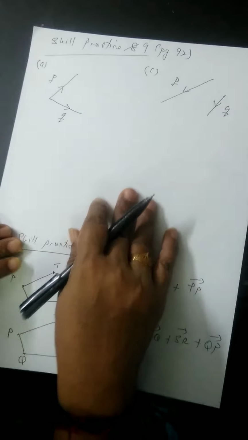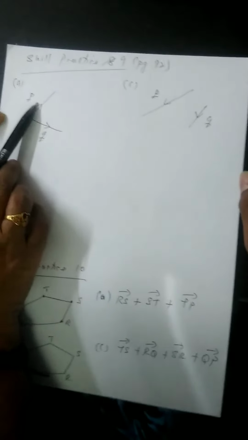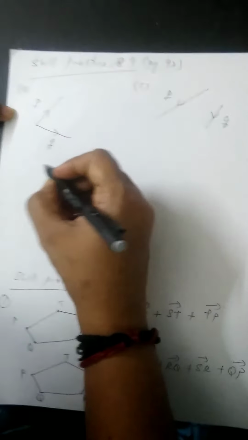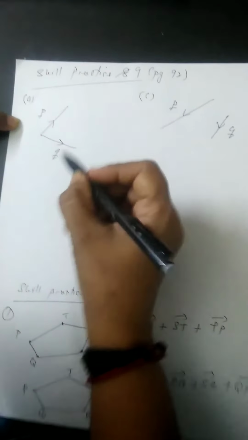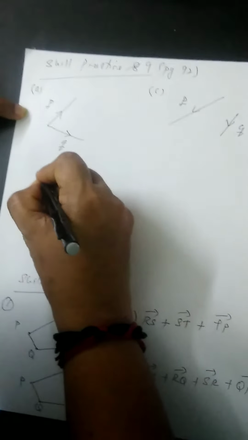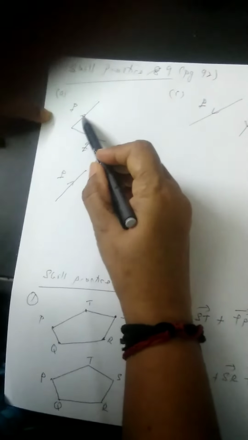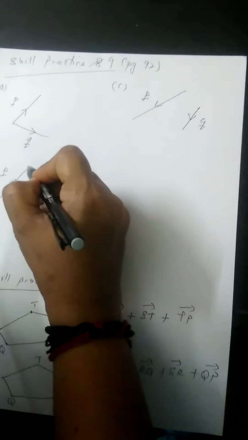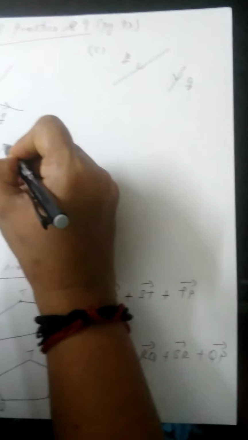If you notice, these are two non-parallel vectors, so it depends on what you want to use. I'll draw my vector P. Just make sure the vectors are parallel to the original vector and the magnitude is also the same. Vector P ends here, so this is my terminal point.